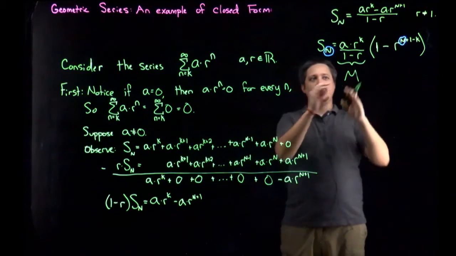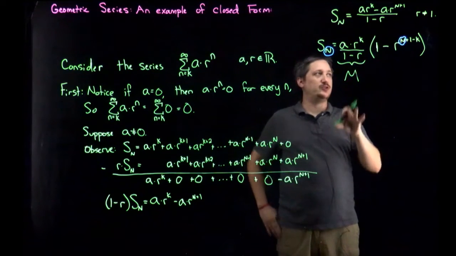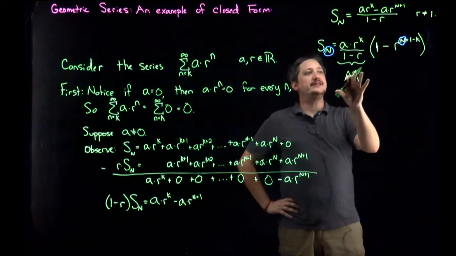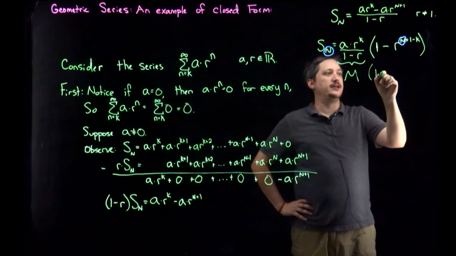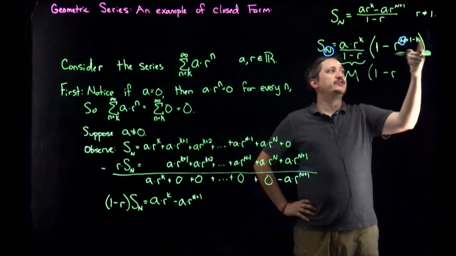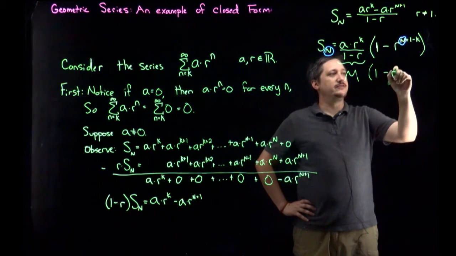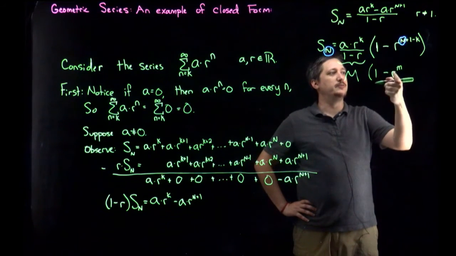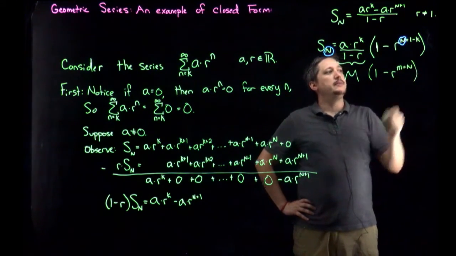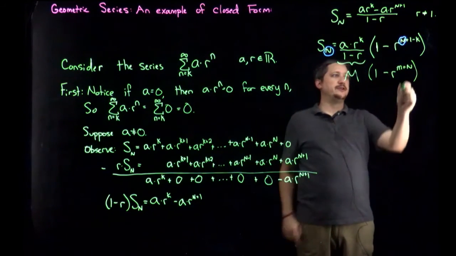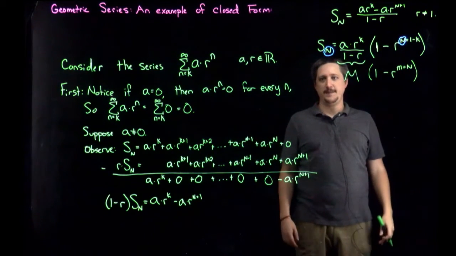I'm doing this just by explicit example, to really hammer home the idea. I'm not actually going to do computations with an M, but I could write this as something that does not depend on N, times 1 minus R to some number plus N. So again, for the sake of hammering it home, some other number, I'll call it M, which is really 1 minus K, plus N, meaning that the only place where capital N is appearing is in the exponent of R. That's it, okay?